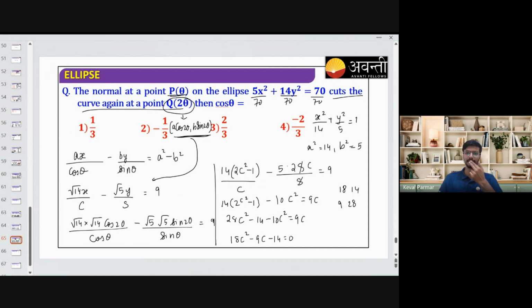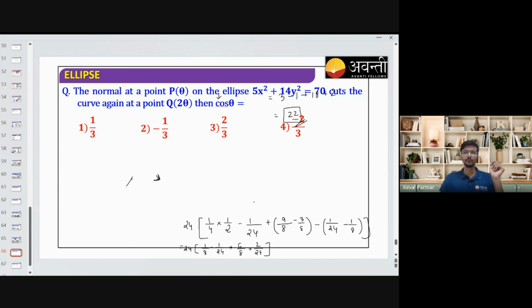Can you find the factors, guys? 18 and 14. 12 and 21.